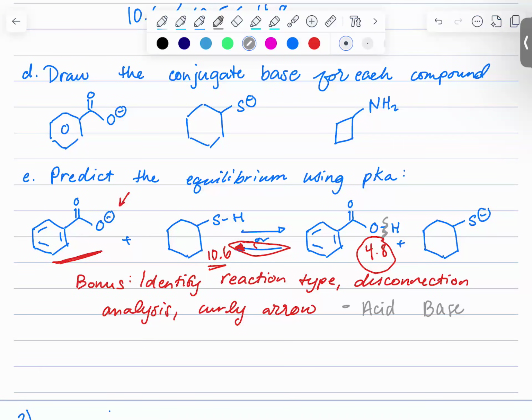This one. So what kind of star species do I need to draw? The things that have a little asterisk to them. Exactly.